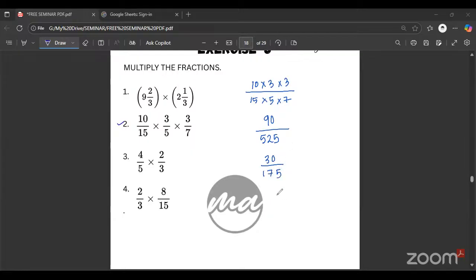Again, you can divide them by 5, which will be 6 over 35. Did you all get this? Yes, miss.